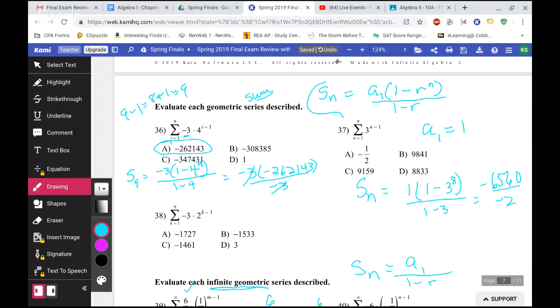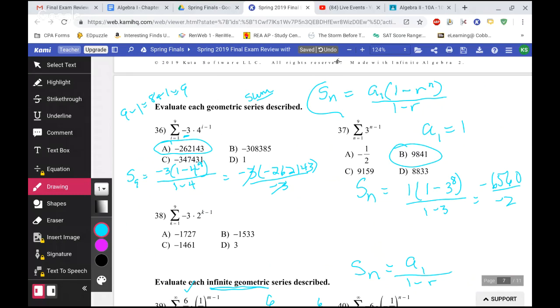I got negative 6562. I'm trying to figure out what I did wrong, because I don't see those as one of the answers. Do y'all? No, plus I got a different answer too. It's all weird. We're supposed to get this.